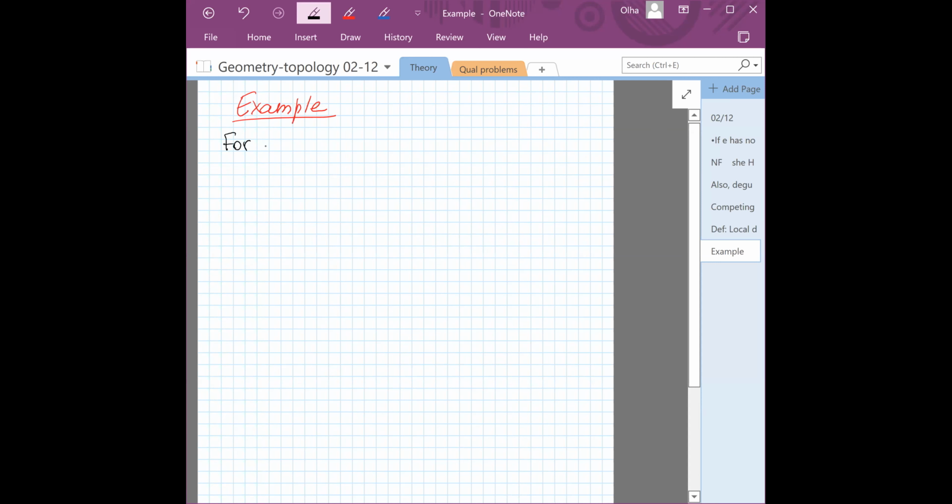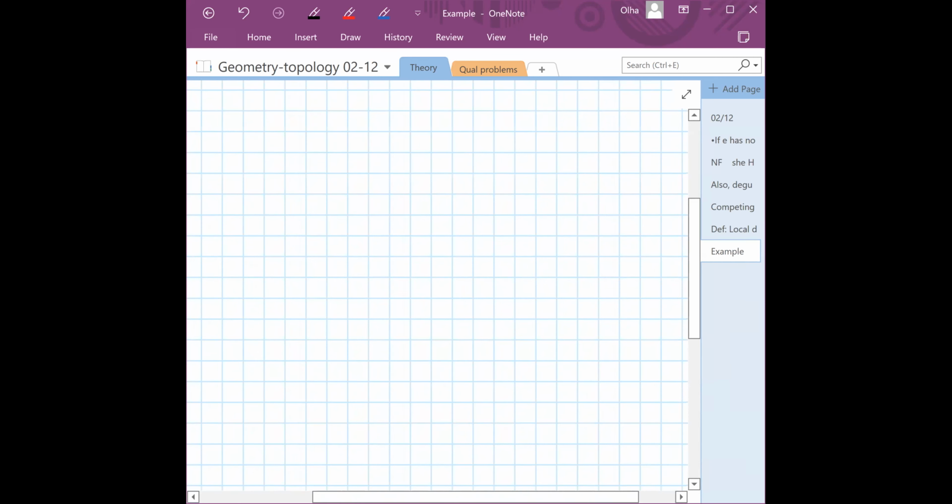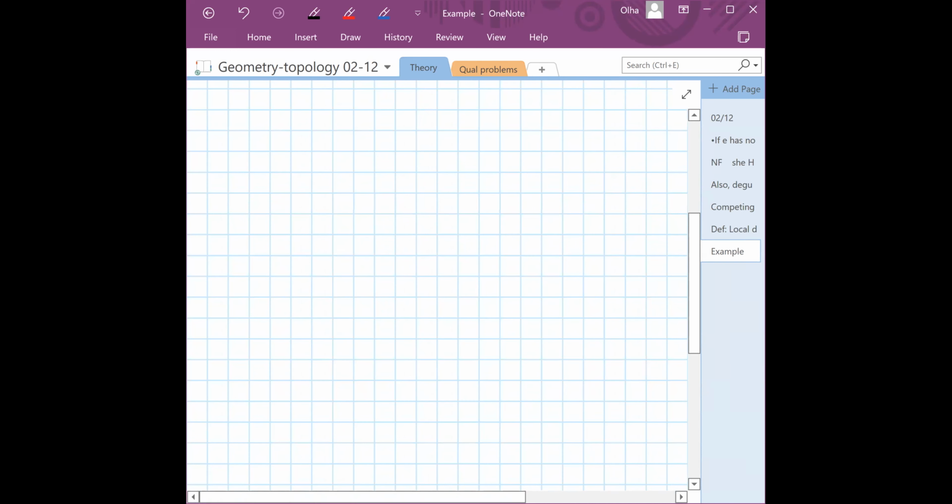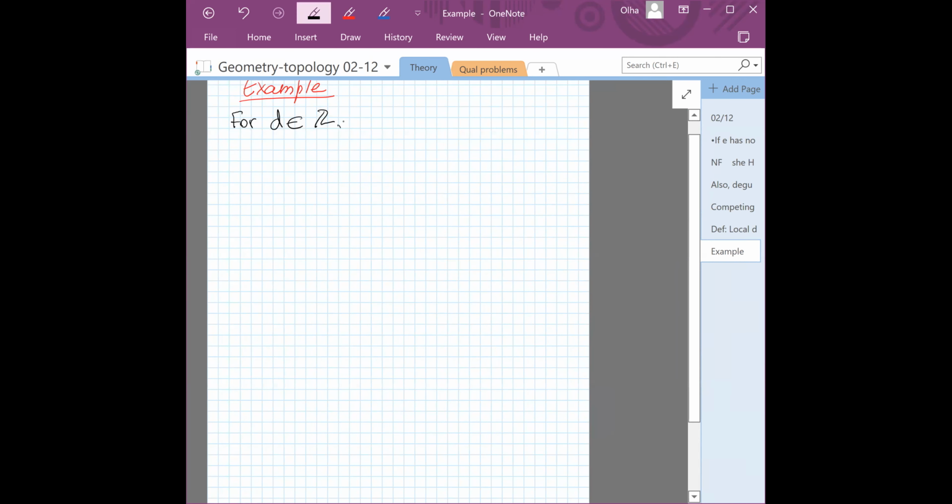So if we have an integer d, and n is still a positive integer, then there exists a function f from Sn to Sn such that the degree of f is equal to d.